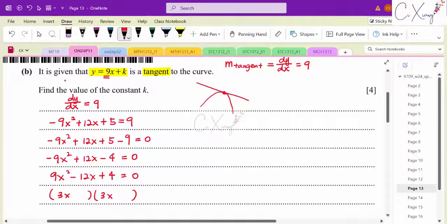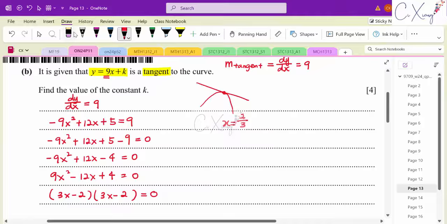So by right, when you factorize, you should have only one answer, which means these two brackets should be the same. If you can, double check. Alright, so if I factorize them, I will have 3x minus 2 for both brackets and it equals 0. Therefore, I know that my x is equal to 2 over 3.